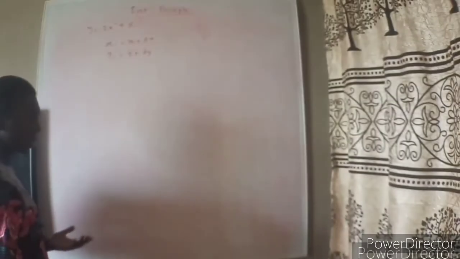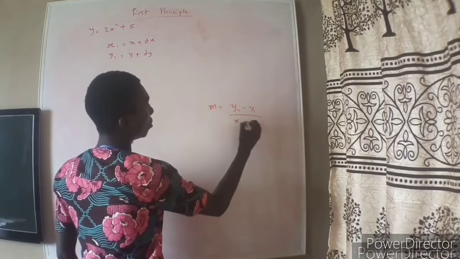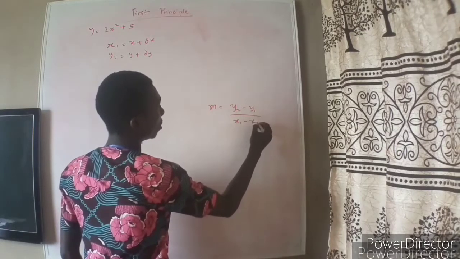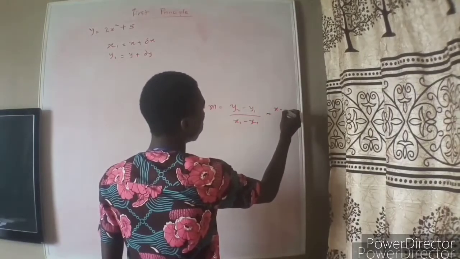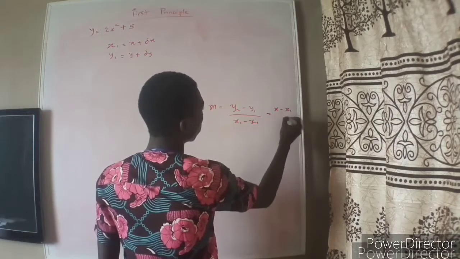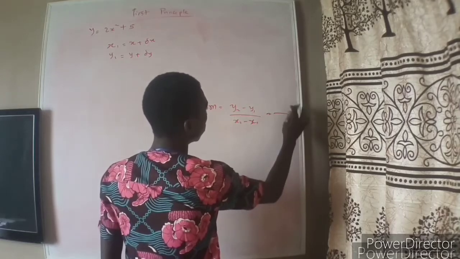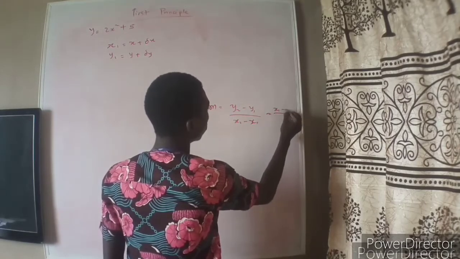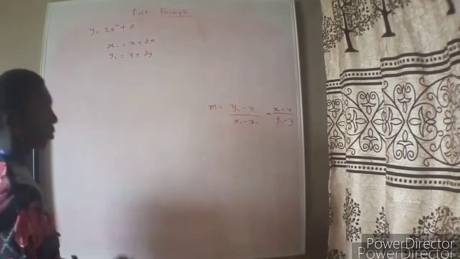in coordinate geometry, we say my slope is equal to y2 minus y1 all over x2 minus x1. This same thing is also equal to x1 minus x over y1 minus y.